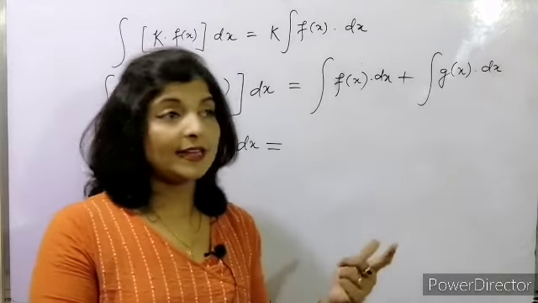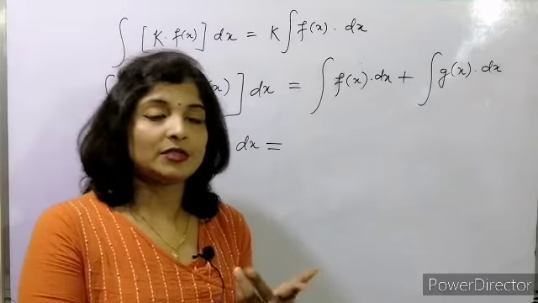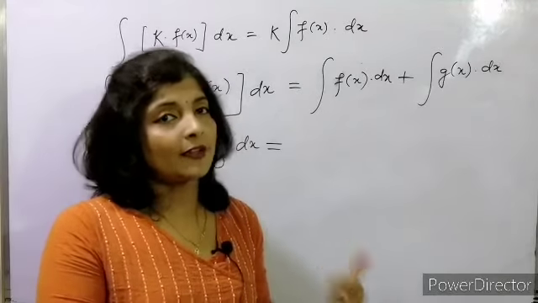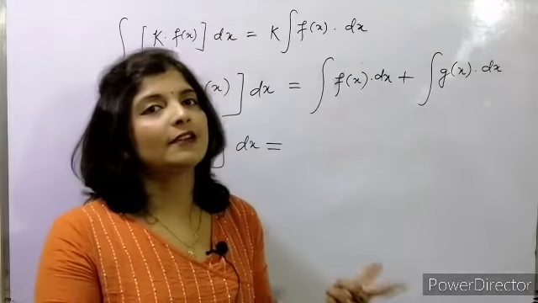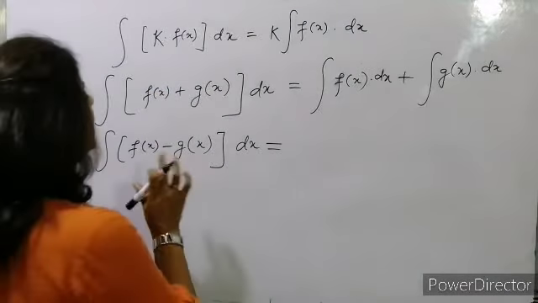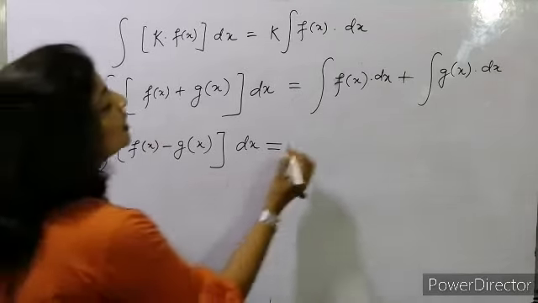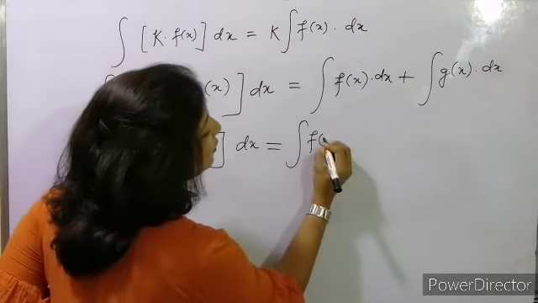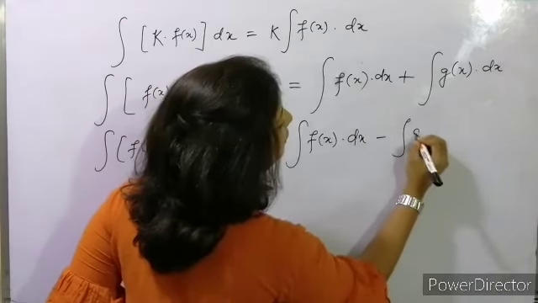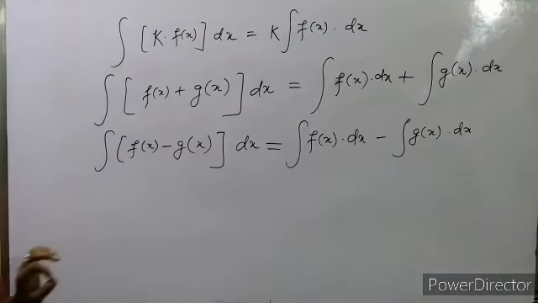We have to find out the derivative of f(x) minus g(x) with respect to x. क्या करते थे, the derivative of f(x) with respect to x minus the derivative of g(x) with respect to x. So similarly here, when we have to find out the integral of f(x) minus g(x) with respect to x, the value will be the integral of f(x) with respect to x minus the integral of g(x) with respect to x. ठीक है, ये value हमें मिलेंगे.